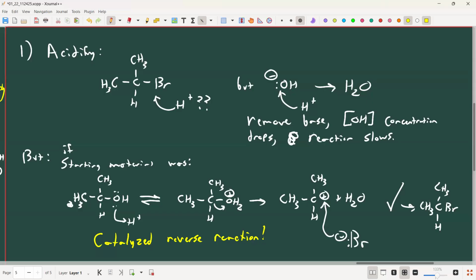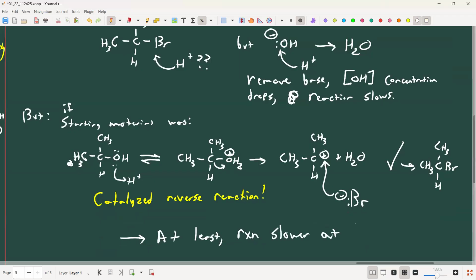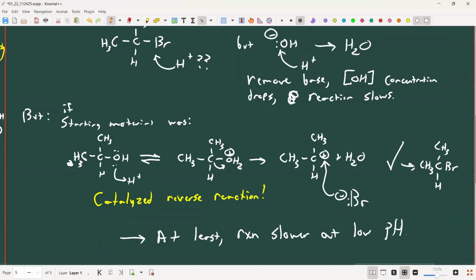At the very least, as the pH falls, this reaction becomes harder and harder. So one conclusion is that the reaction becomes slower at low pH. That doesn't really help us at all.